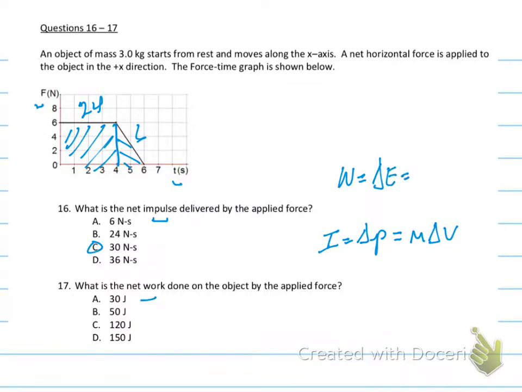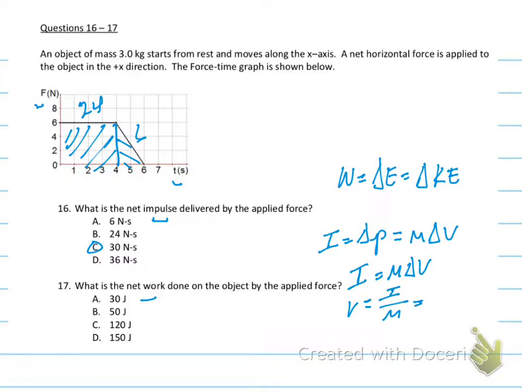In this case, it would be a change of kinetic energy. So let's go back. We can say impulse equals mass times change of velocity, or the change in velocity is going to be equal to impulse divided by the mass.